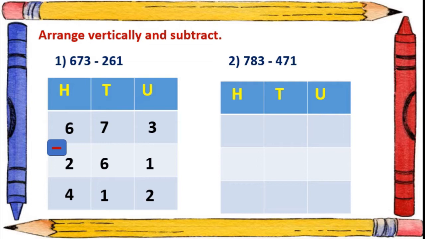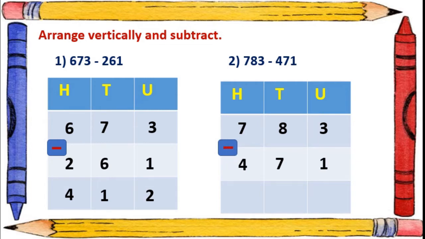We will write 783 in proper position, 3 in unit place, 8 in tens place and 7 in hundreds place. Then we will write 471. 1 in units place, 7 in tens place and 4 in hundreds place. We'll put a subtraction sign.